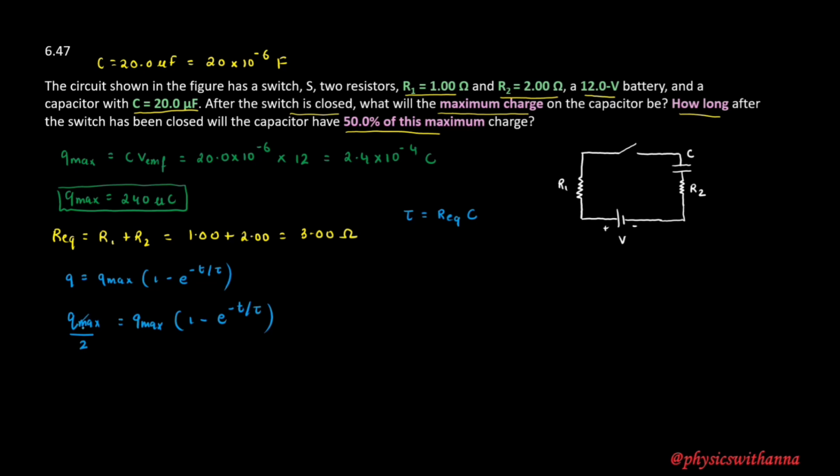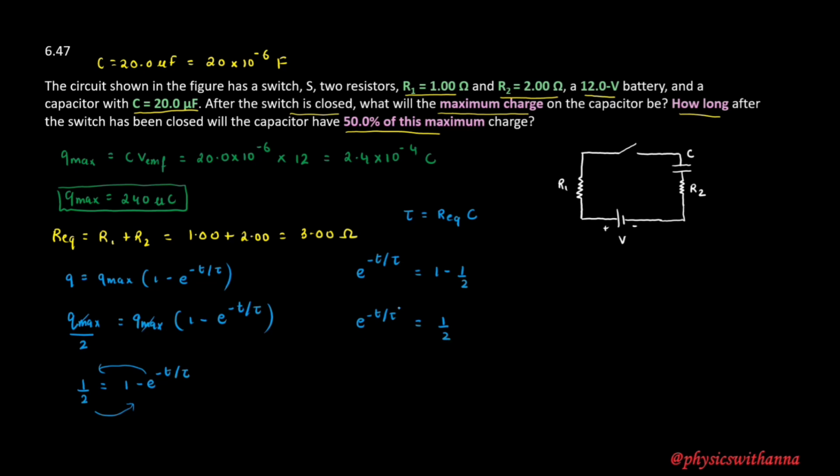Now cancel Q max from both sides. You are left with half equals 1 minus e to the power negative t over tau. Move this to the other side and bring the half over here. So you get e to the power negative t over tau equals 1 minus half, or e to the power negative t over tau equals half.